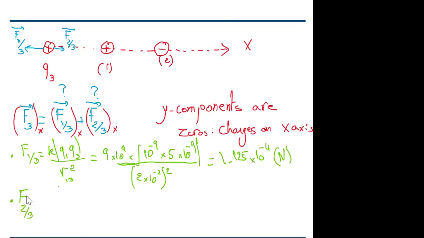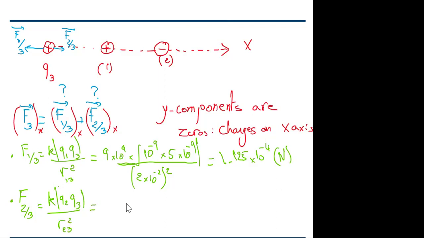F2 on 3 in magnitude is equal to the same expression, K Q2 Q3 in absolute value divided by the distance between 2 and 3 squared.